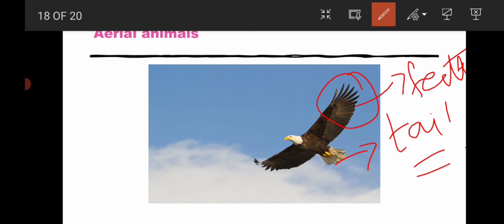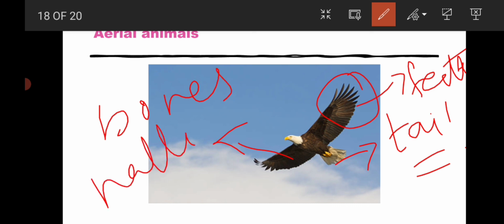Fish also use the tail to change direction. These birds also use the tail to change direction. And their body bones are hollow. They have hollow bones. This is the special feature of these birds. So they are very light and they can fly in the air. So the aerial animals include the eagles.